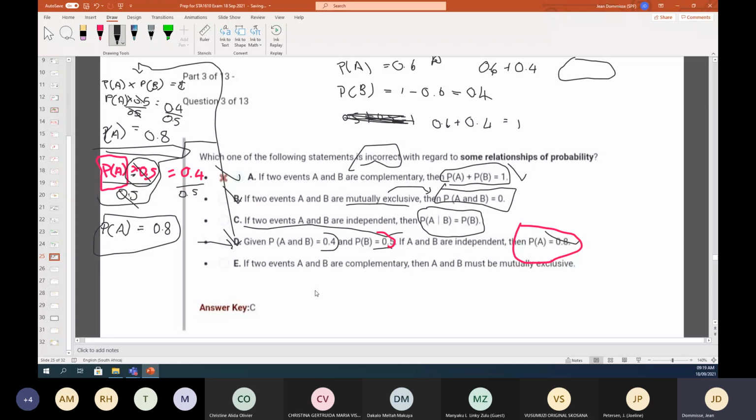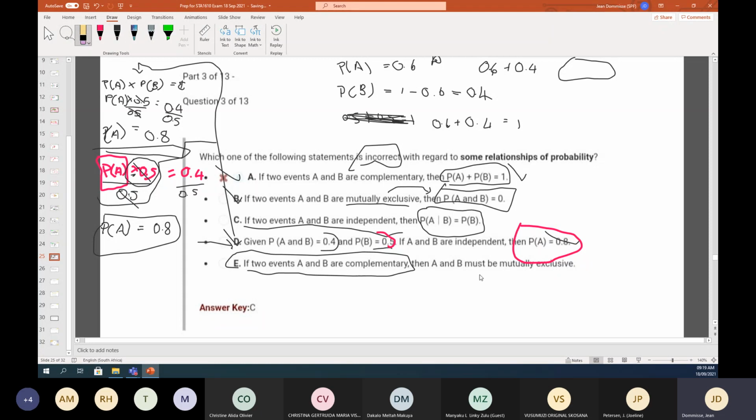So your A and B needs to be 0 because we can't get something that's bigger than 1. Okay, so if two events are complementary, they are actually also mutually exclusive. Okay, that's the first time I see that they're asking a question like that.